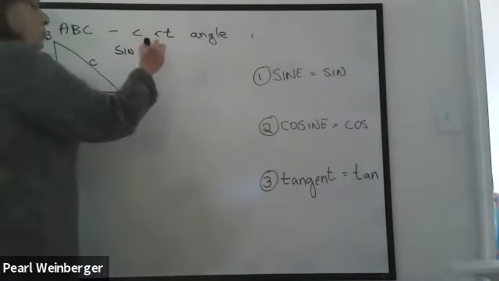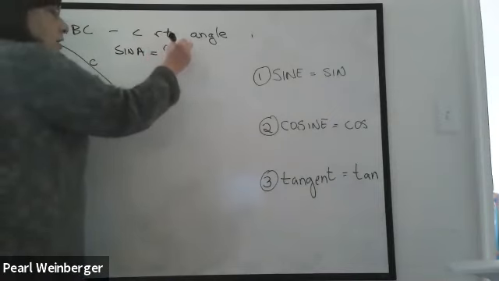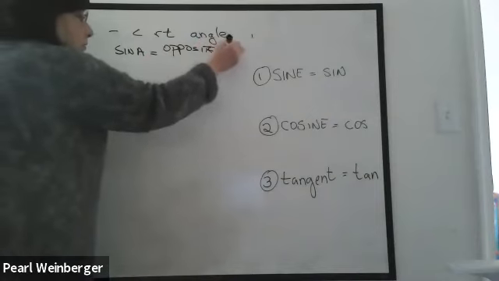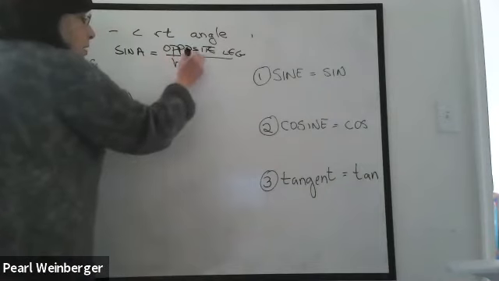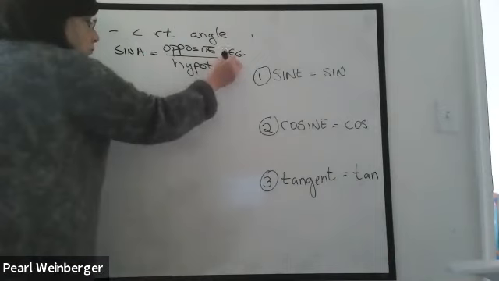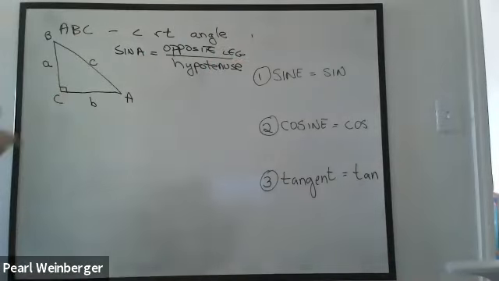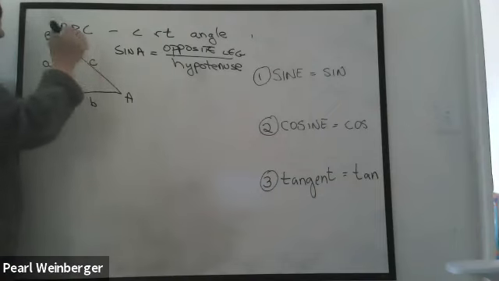By definition, the sine is the opposite side, or the opposite leg, over the hypotenuse. What does that mean? Here is my angle A. In terms of angle A, obviously the C is the hypotenuse.